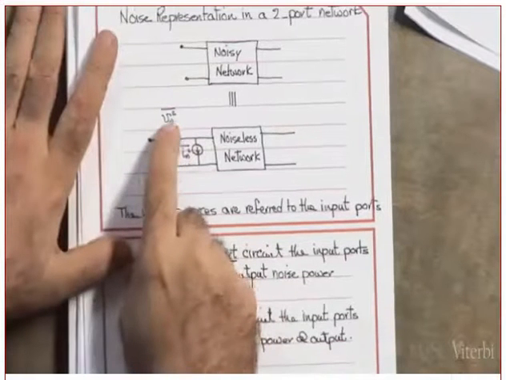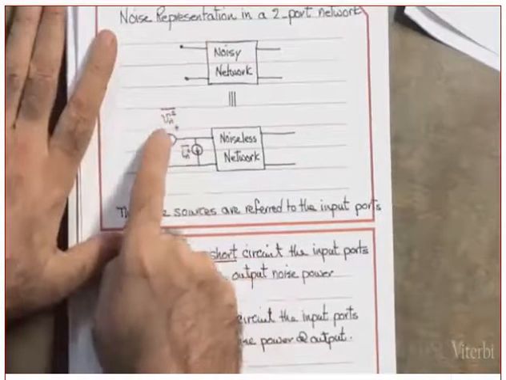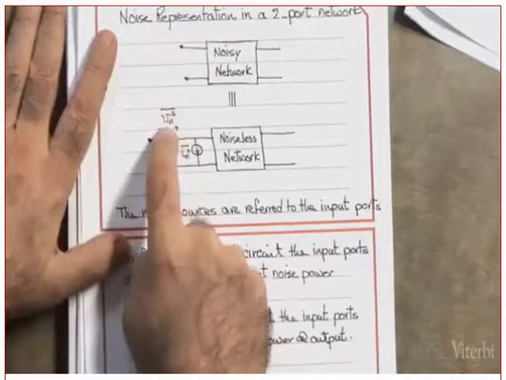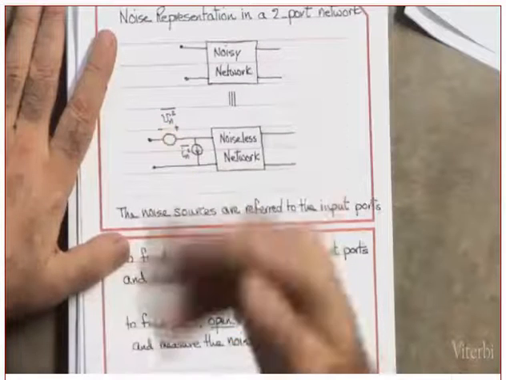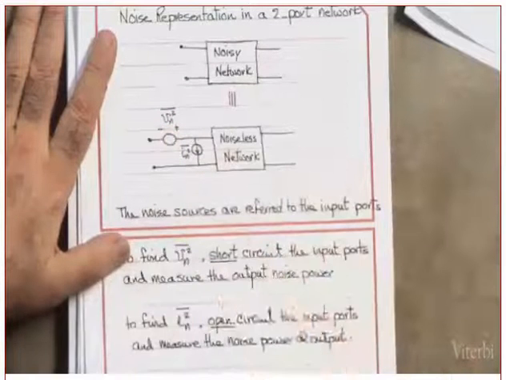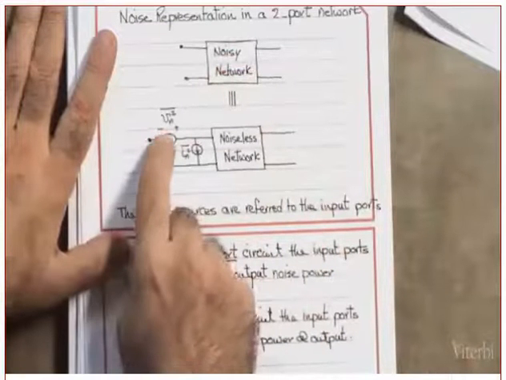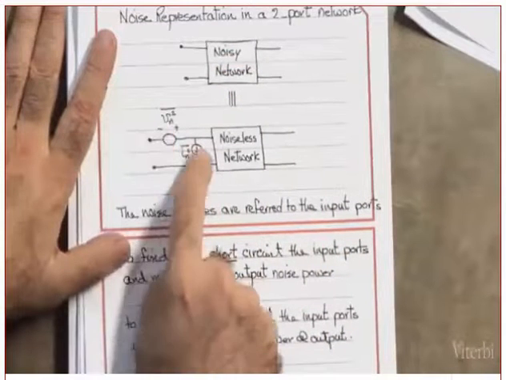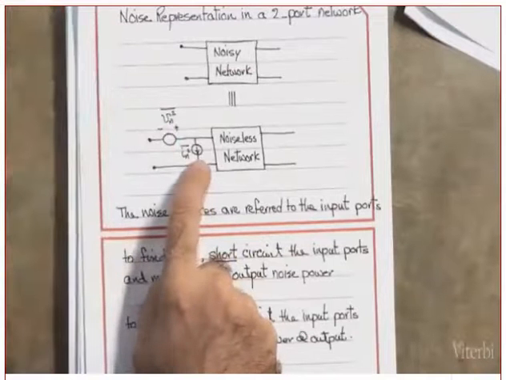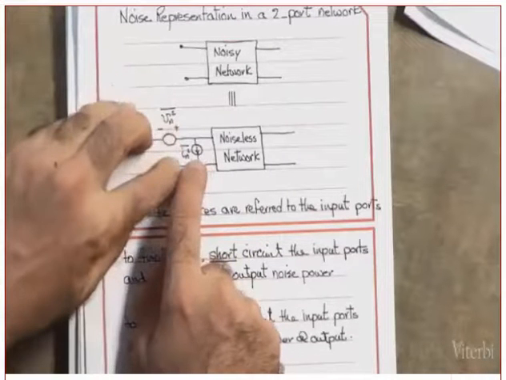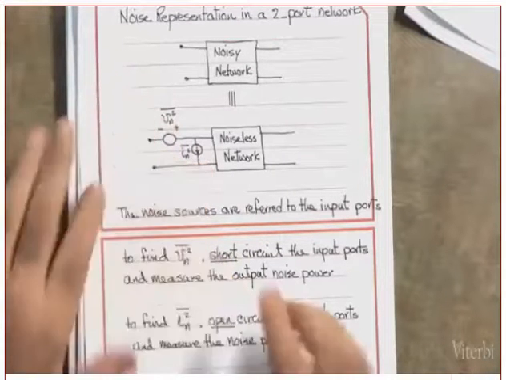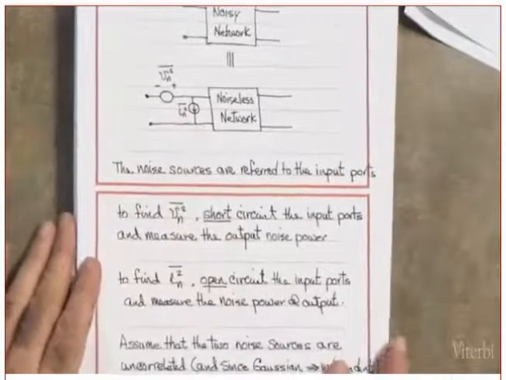So Vn square bar is the mean square. This is the average noise power from this source. This is the average noise power from this current source. Clear? Okay, good.